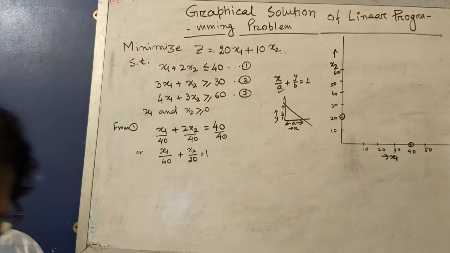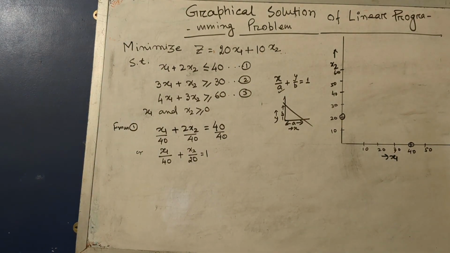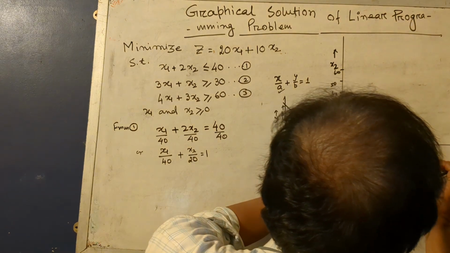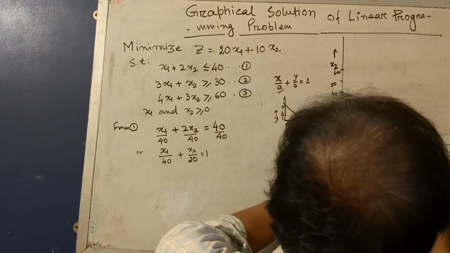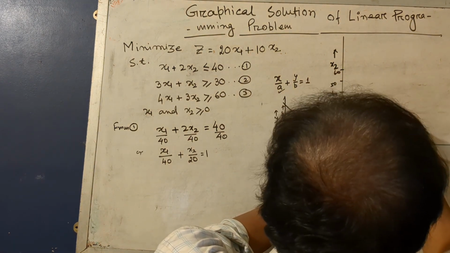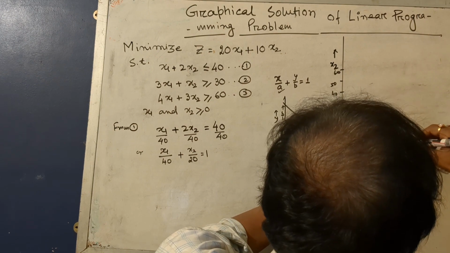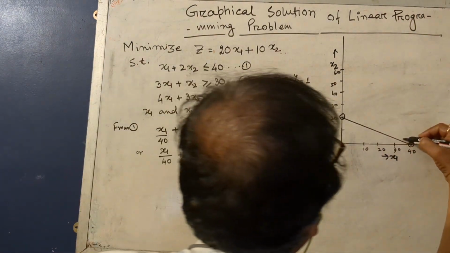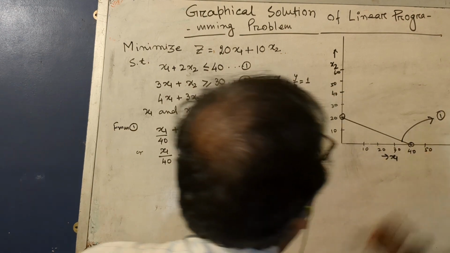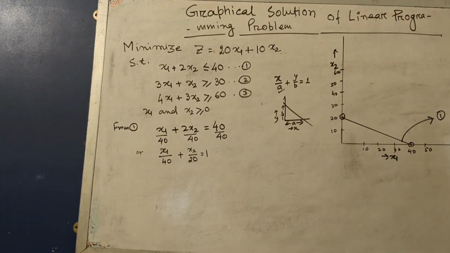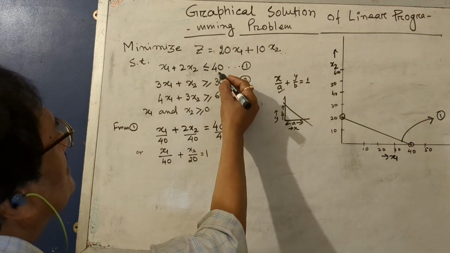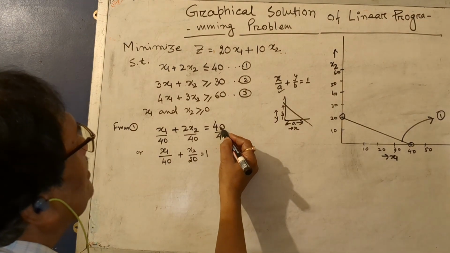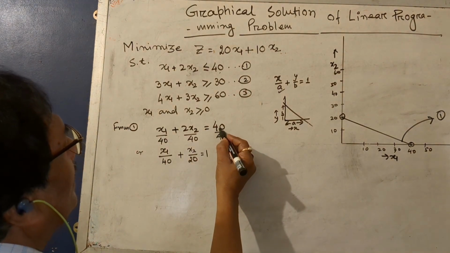Now draw a straight line. Say this is the line for that constraint. Okay, this is the line for equation 1. That's why 1 will be written as this. Is it clear? Now this is of the less than type. Less than means in place of 40 it may be 35, 30, 25 like that.